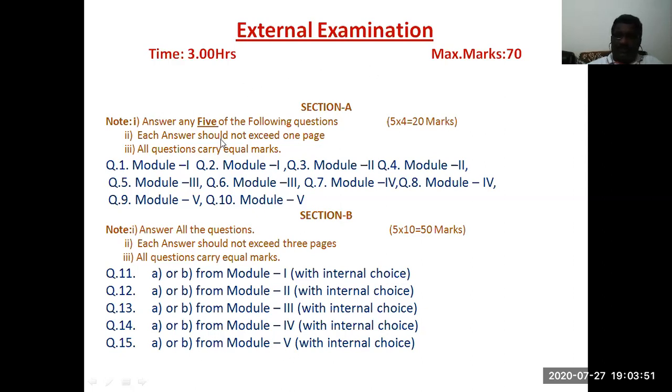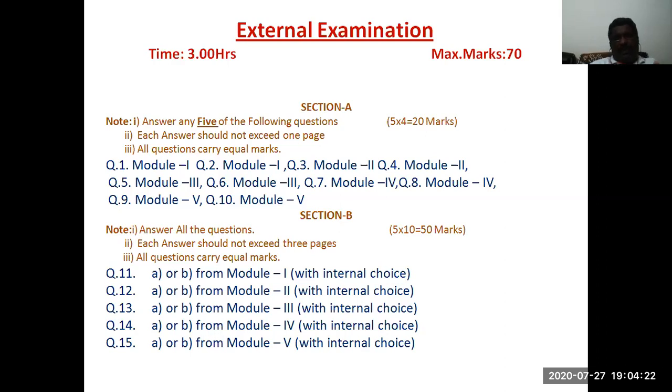The 30 internal marks are included in the final 100 marks, but to be considered a pass, the student has to get 40% of the marks in the theory or external examination.